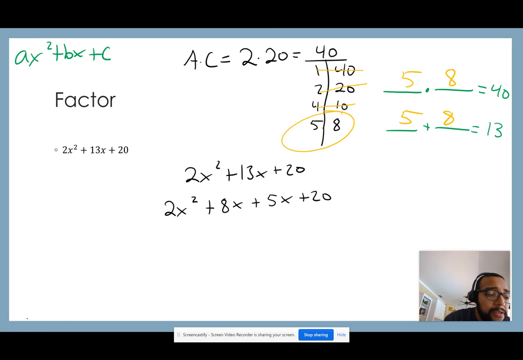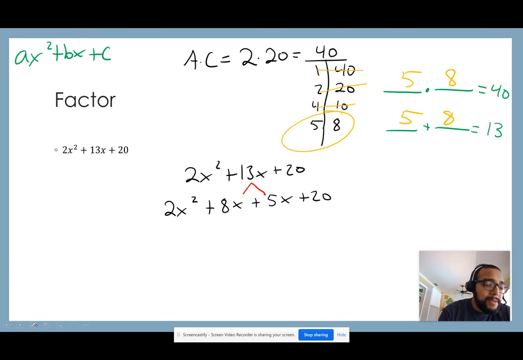Again, I'm rewriting that 13x by splitting it up to be two separate terms. Now, a couple things about this. You don't have to put the 8x first and then the 5x. You can say 5x and then 8x. Really doesn't matter. I'm just doing it because I see it's going to be a little bit easier for us. Again, it doesn't really matter which one goes first.